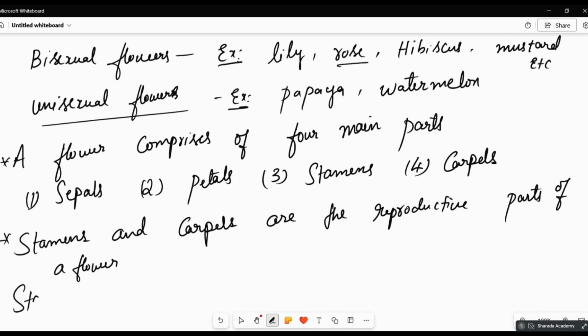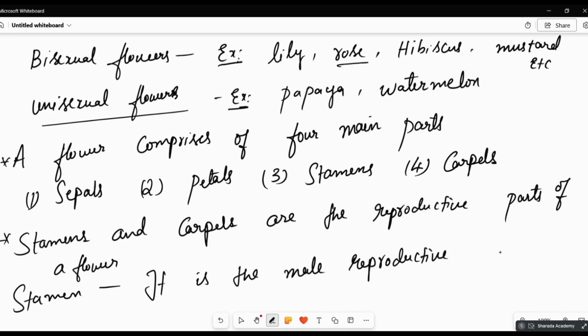Okay, write down the stamen. It is the male reproductive part of the flower.